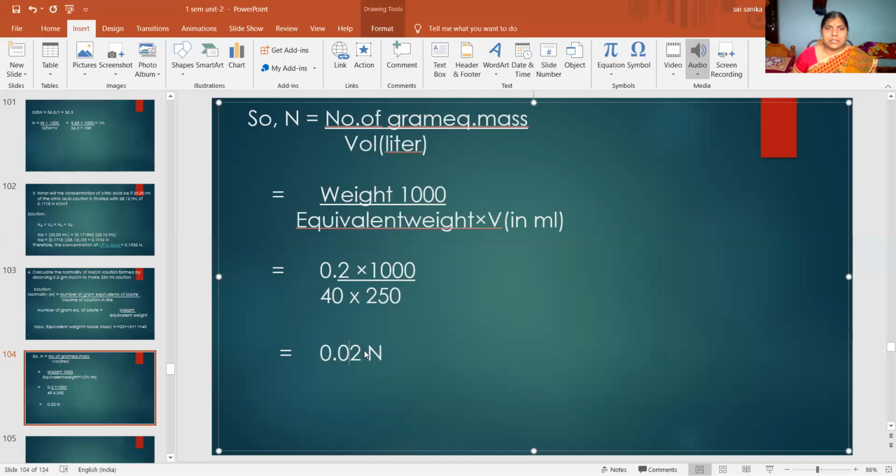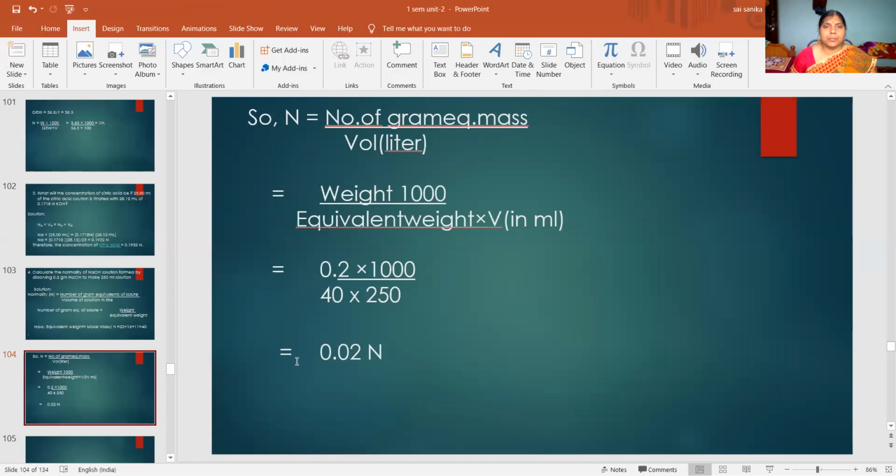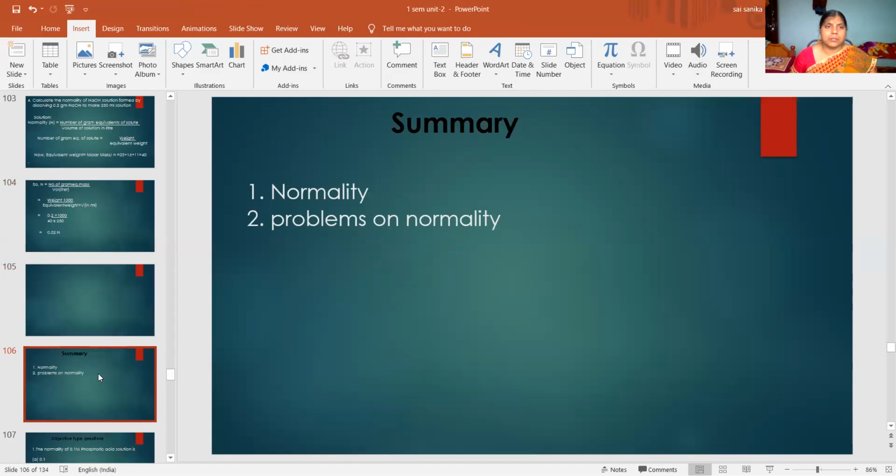So your answer is 0.02. So this is the normality of 0.2 grams of NaOH dissolved in 250 ml solution. So what is the answer here? 0.02 N.